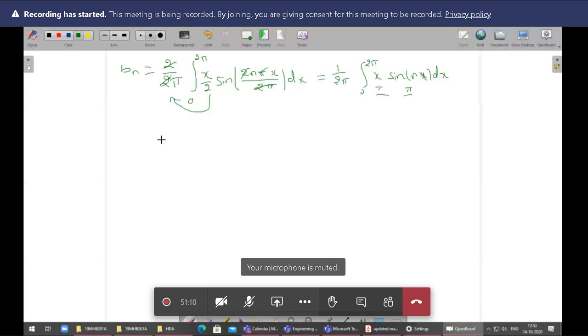As we remember, if you have u and v, so integration of uv is equal to u into v1, plus minus, second term is always minus u prime into v2, then plus u double prime into v3 and so on, plus or minus and so on.